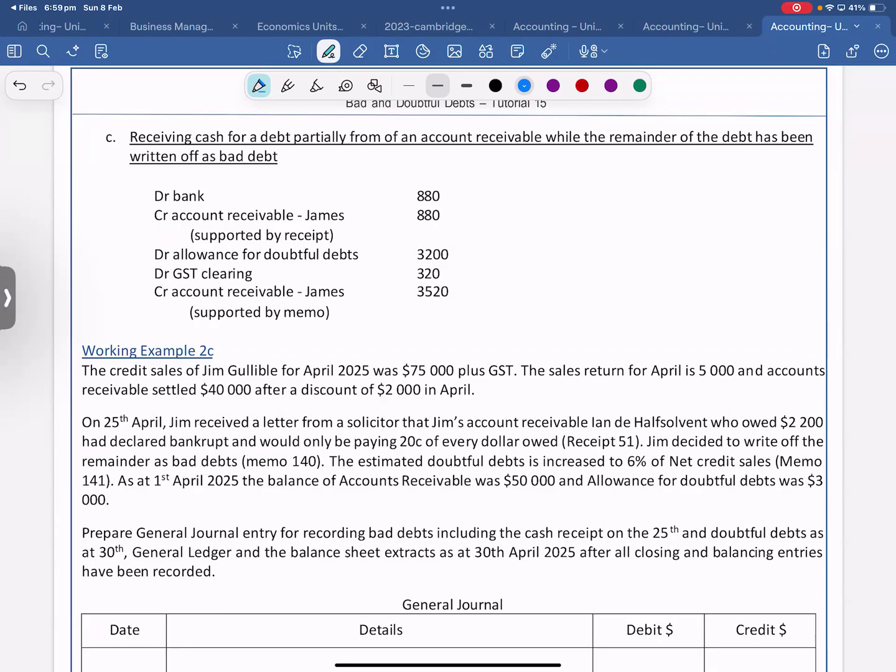Receipt 50. So this man is bankrupt, but still he can pay 20 cents in the dollar he owes, meaning we are getting 20%. Receipt 51. So what's the double entry for that one, guys?